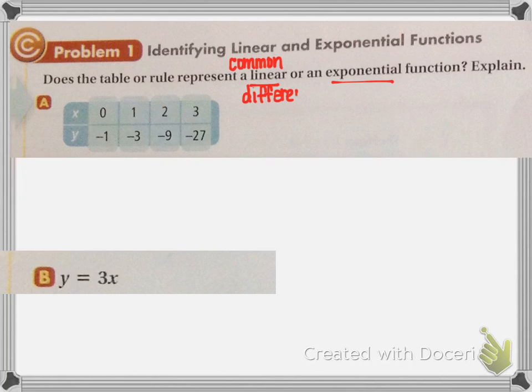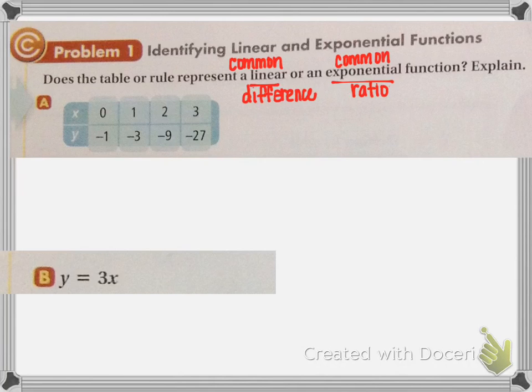Okay. Exponential functions have a common ratio. Or, in other words, they multiply by the same thing every time. So the difference is we're adding or subtracting the same thing, and ratios we're multiplying or dividing by the same thing.